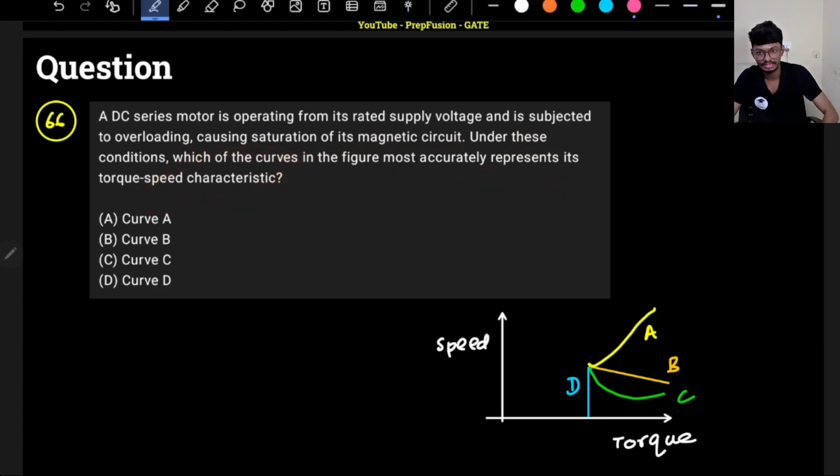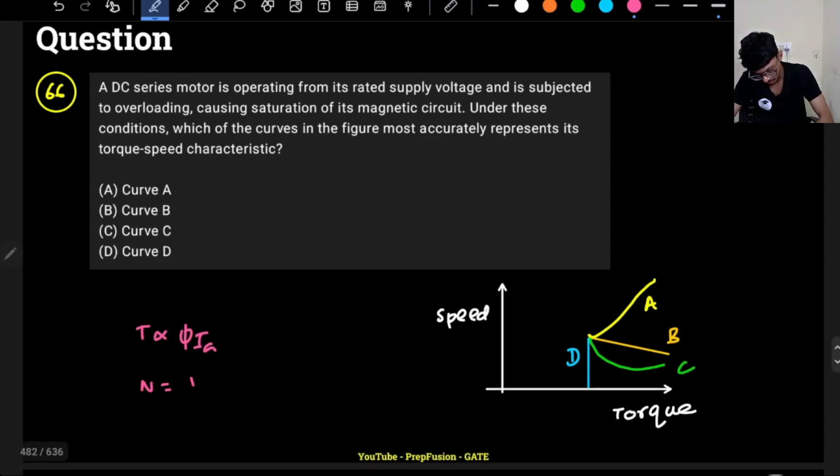So for torque speed characteristics, if you remember, if it is reaching saturation, torque is proportional to flux into Ia, and speed is proportional to Vt minus Ia Ra divided by flux.